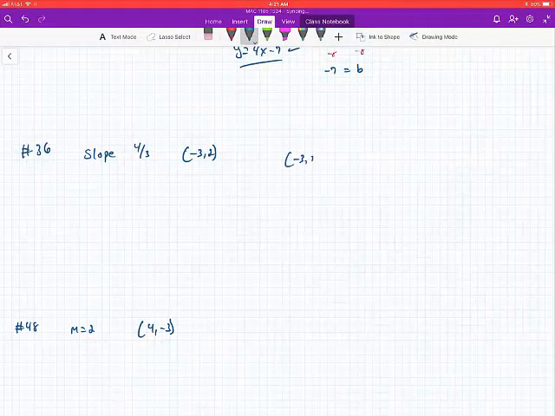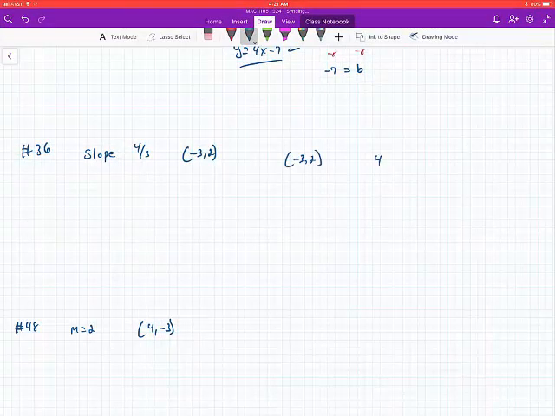Since I have the point (-3, 2), and my slope is 4/3, which is my rise over the run, then if I'm thinking about this as just movements or units, I'm going to go up 4, and then go to the right 3 to get to my next point.